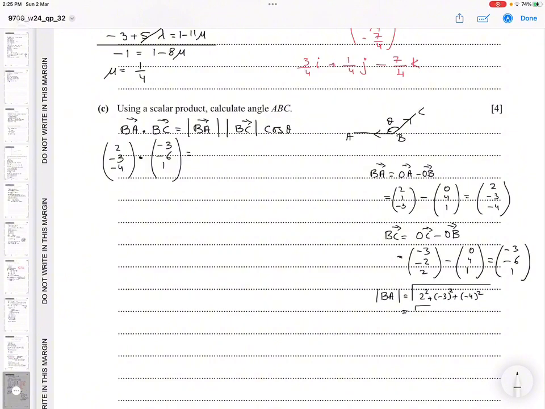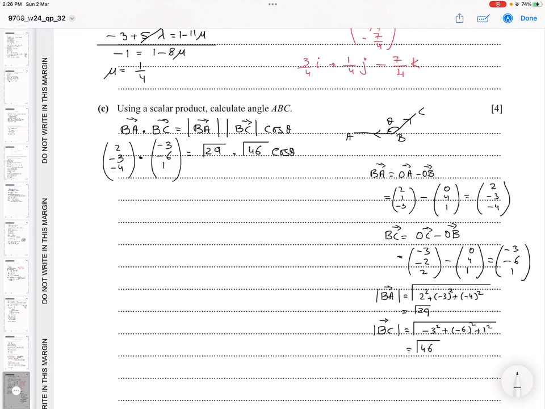So this is square root of 29. And same, magnitude of BC is minus 3 square plus minus 6 square plus 1 square whole under root. So this is square root of 46. So write these values here, square root of 29 times square root of 46 cos of theta.